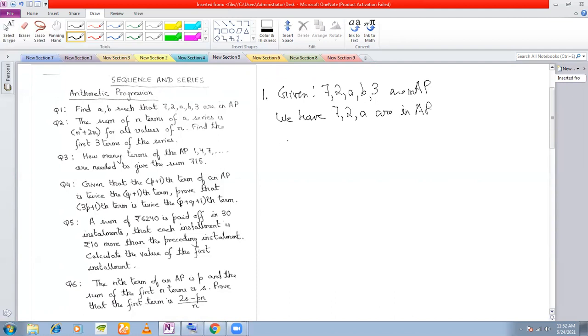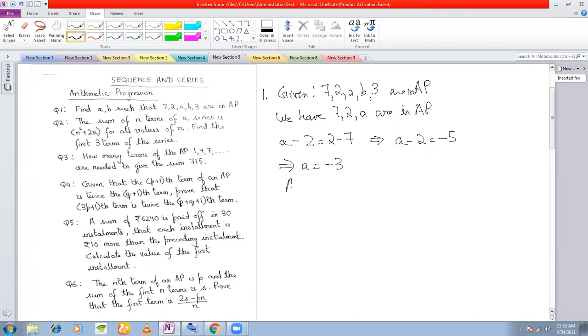That means if they are in AP, then 2A minus 7 must be equal to B minus 2A. Right? Because they are in AP.